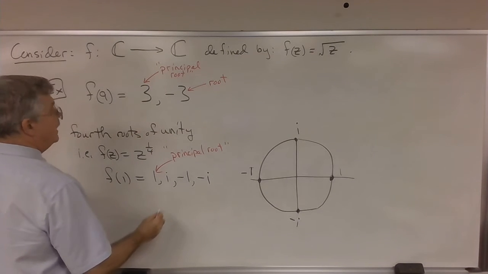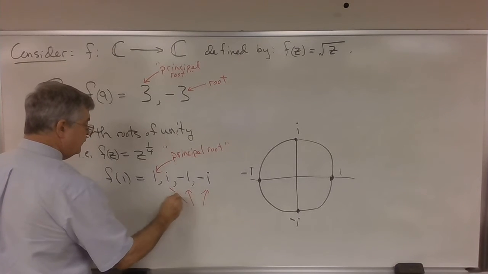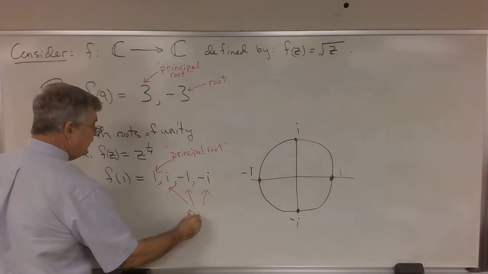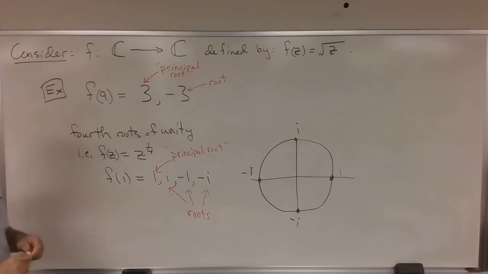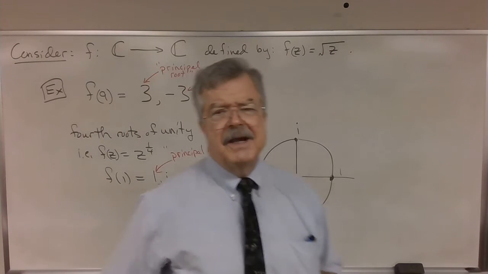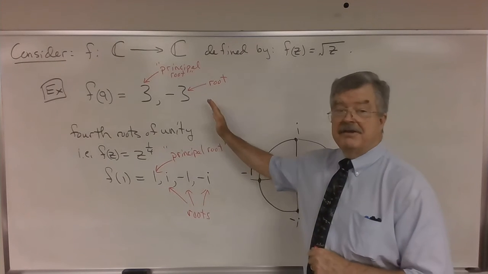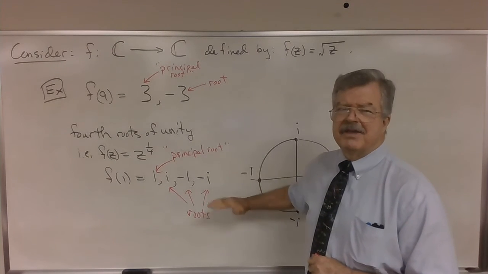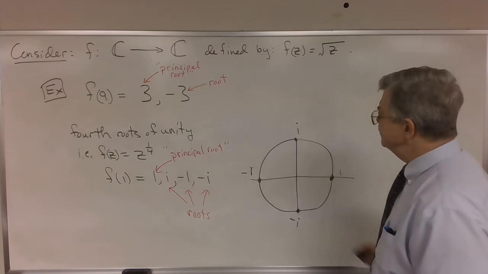And these other guys are roots also, not the principal root, but they are roots nonetheless. And so we sort of have to redefine a function so that it's still a function, but at the same time it doesn't ignore any roots or solutions.